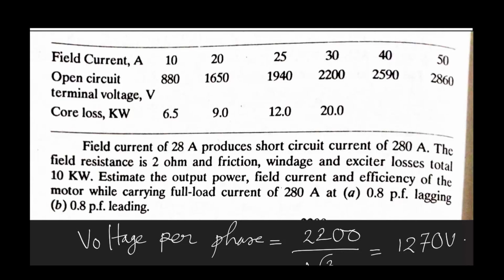Why do these losses remain constant in case of our synchronous machine?